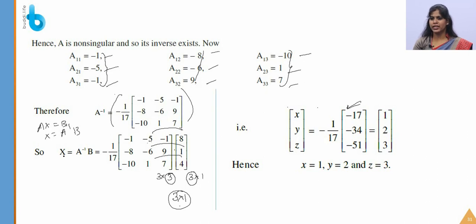So what is this X matrix? X is the column matrix of all the variables. Now by equality of matrices, you can equate the elements: the first row is equal to 1, the second row, the third row. Therefore x equal to 1, y equal to 2 and z equal to 3. Therefore we got the values of the unknown variables.